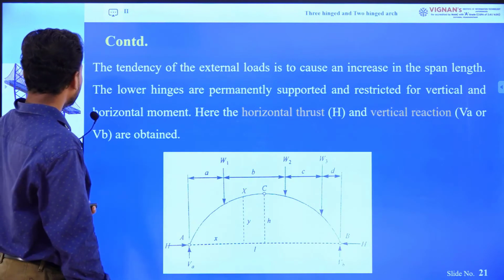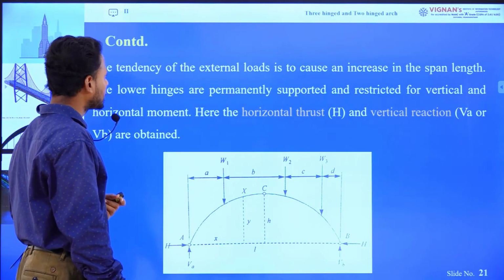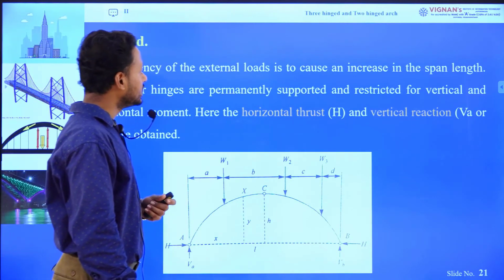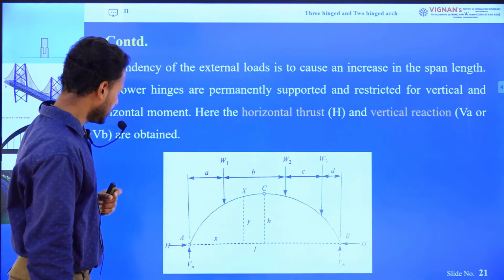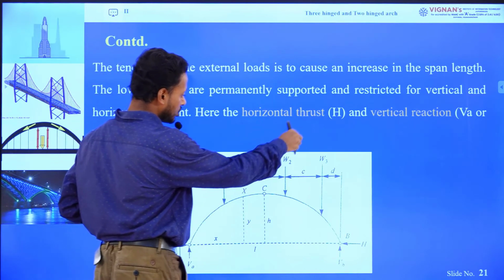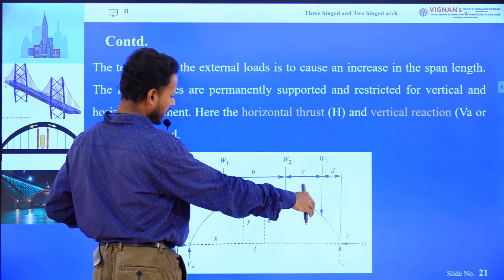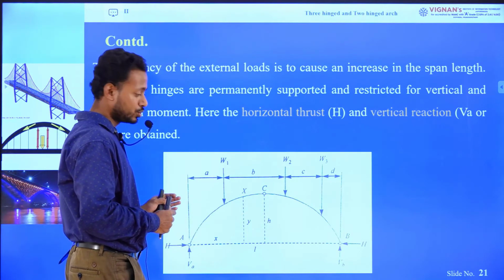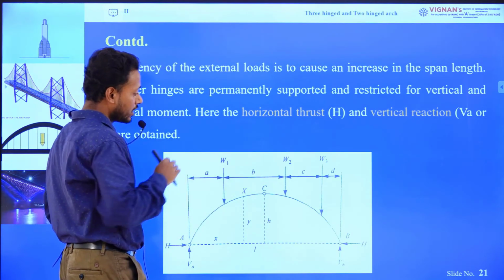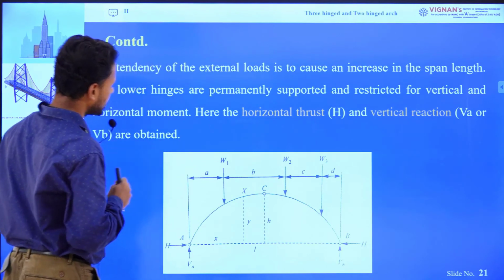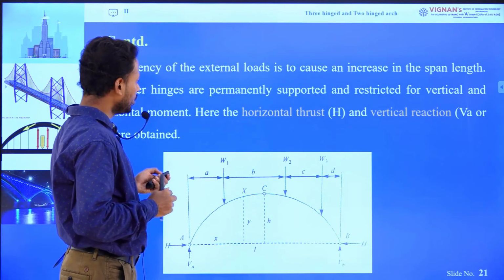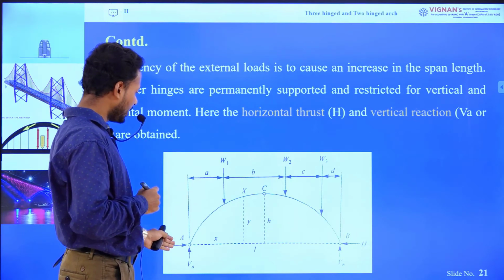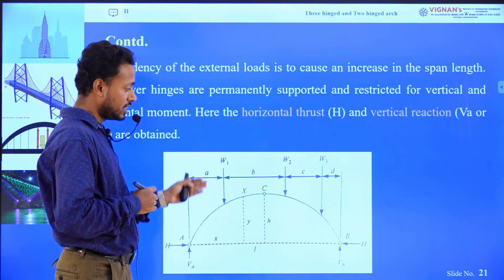Now the tendency of the external loads is to cause an increase in the span length. These forces are trying to increase the span length of the arch, but the horizontal thrust is significant, so they cannot move from their initial position, right? So this is the advantage of an arch structure. You can understand how important the horizontal thrust is.